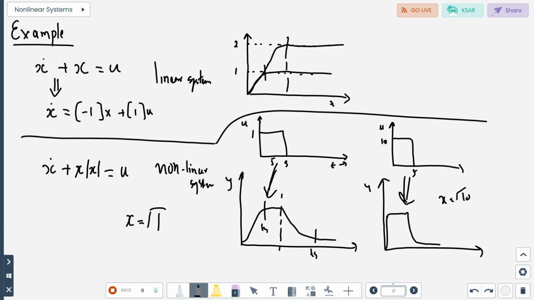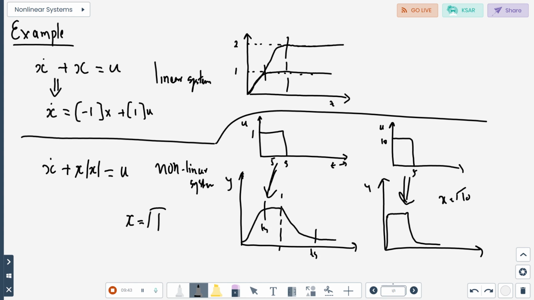This is not going to be constant throughout; it's not that with all nonlinear systems, increasing u will decrease the settling time. That's not going to happen. But here you can see with linear systems the behavior is always like this. For a stable LTI system, increasing u increases the settling time, but with a nonlinear system, increasing the input may decrease the settling time, may increase the settling time.